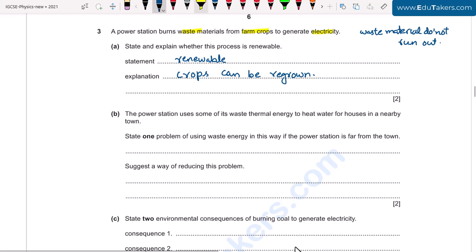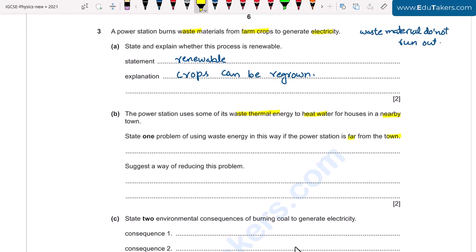Part B. The power station uses some of its waste thermal energy to heat water for houses in a nearby town. State one problem of using waste energy in this way if the power station is far from the town.